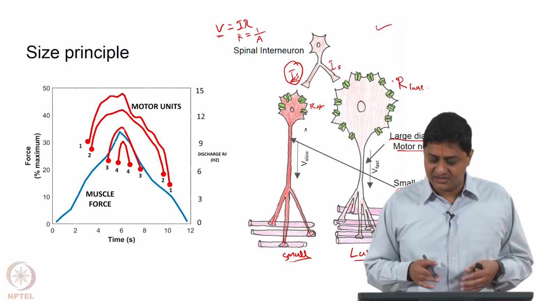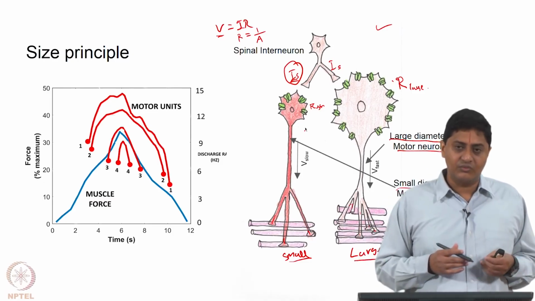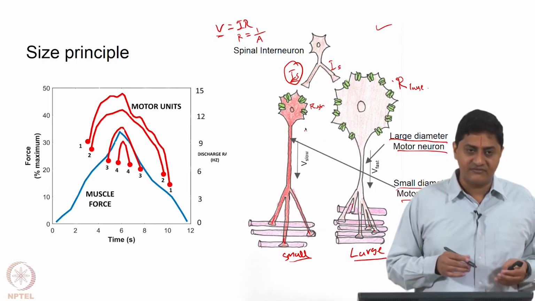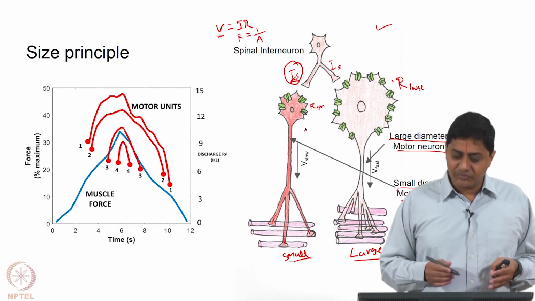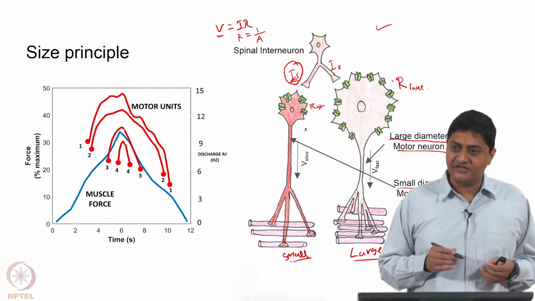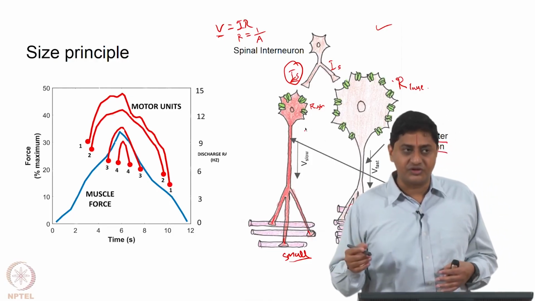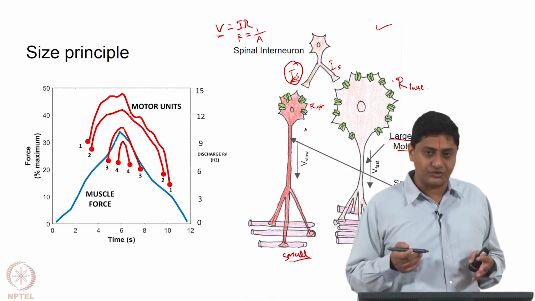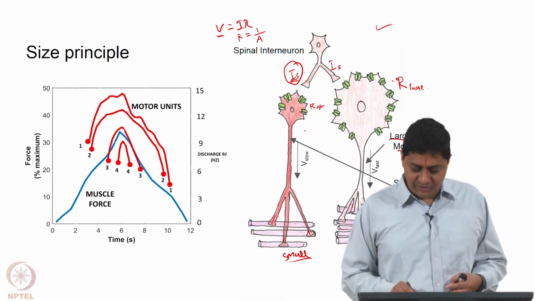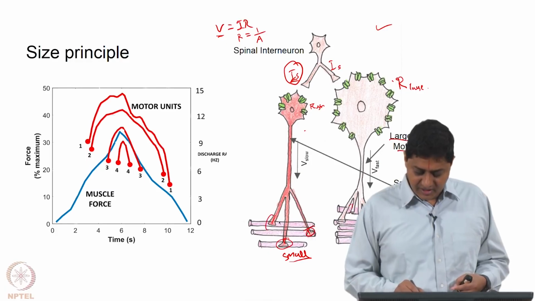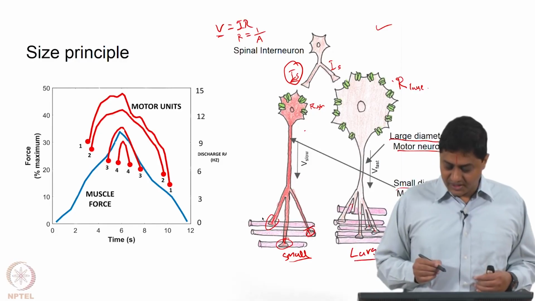Because of this distribution of resistances, the smaller motor neurons reach threshold earlier, or reach threshold with smaller currents in comparison with the larger motor neurons, which require relatively larger currents to reach their own threshold. Action potential will be produced only when they reach threshold. When they reach threshold, an action potential is produced in these motor neurons, producing an action potential in these fibers and causing excitation contraction coupling and force, right.